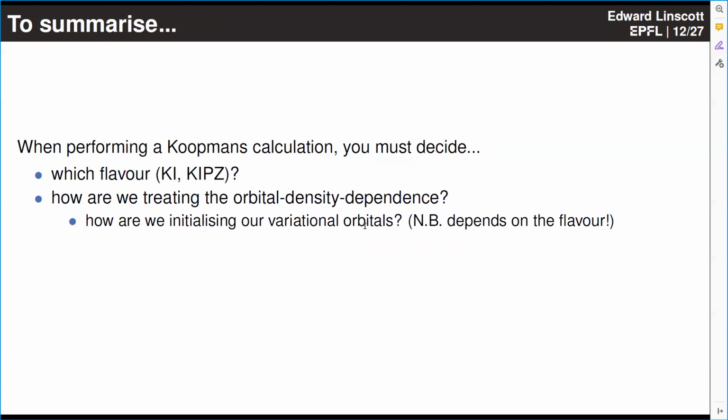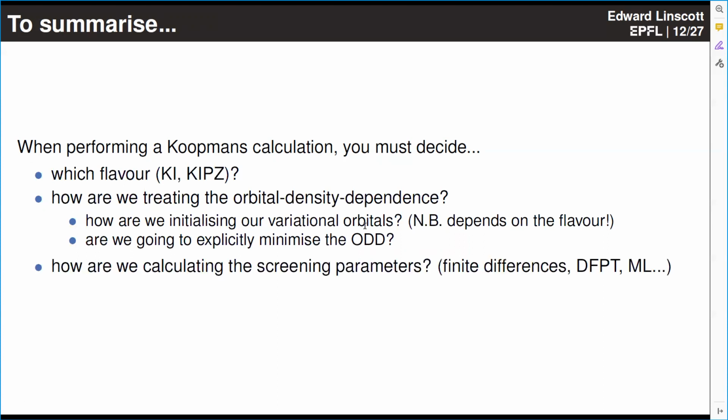Note that this depends on the flavor of the functional we want to use, and whether we're going to explicitly minimize the orbital-density-dependent functional, or just initialize the orbitals using maximally localized Wannier functions and neglect the ODD dependence. And also exactly how we calculate the screening parameters: by finite differences, or density functional perturbation theory, or indeed using machine learning, which we've managed to do as well, but I'm not going to talk about that here.